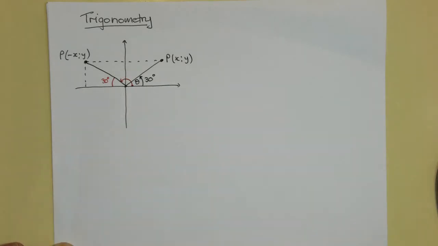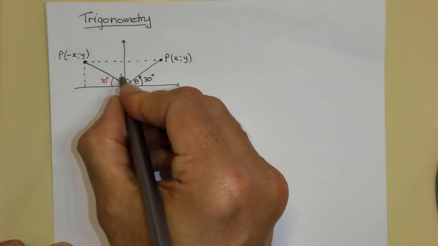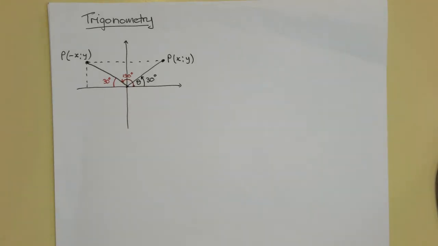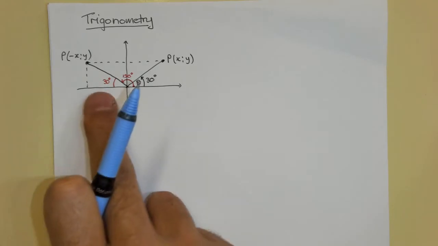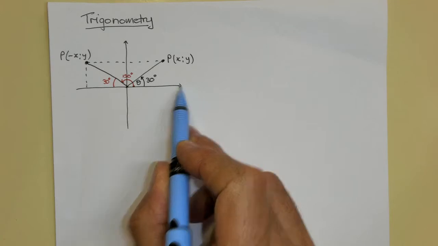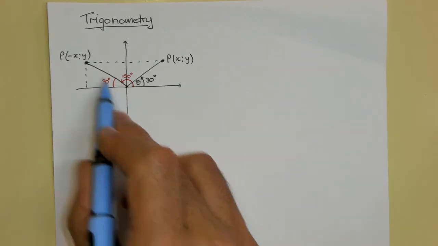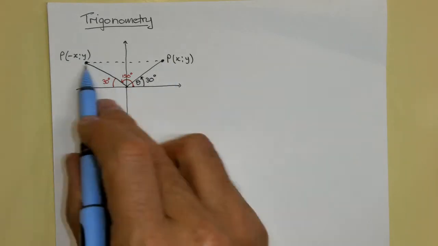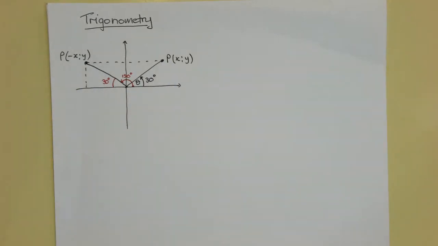This angle over there will actually measure 150 degrees. But now, whether I talk about the 150 degrees, or the 30 degrees that it is away from this horizontal over here, the terminal ray is still in the same position. The coordinates have just reflected in the y-axis. Okay, so folks, that's very important to realize.